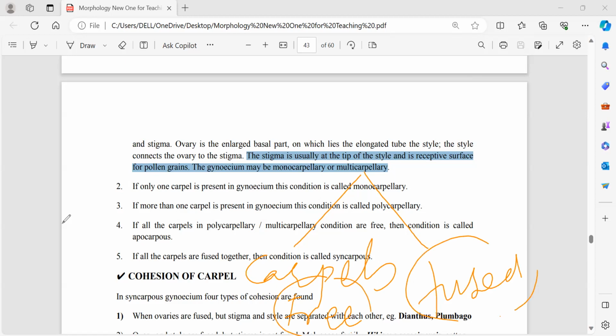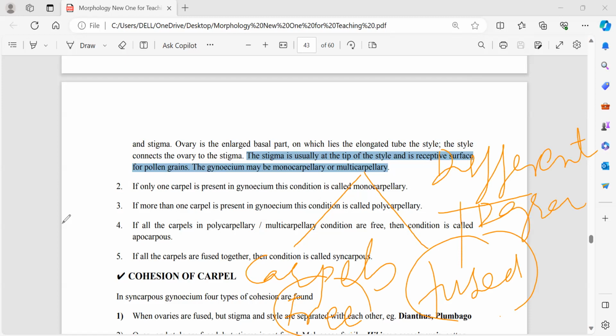When they are fused, there can be different degrees of fusion, just as we studied with stamens. In free carpels we do not study fusion. They are free and they are free.